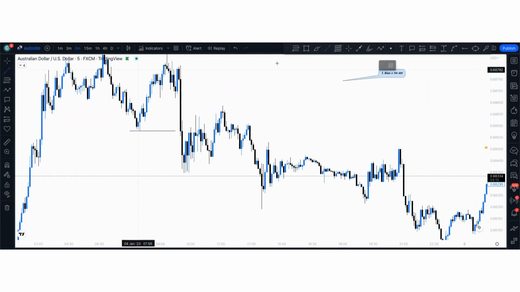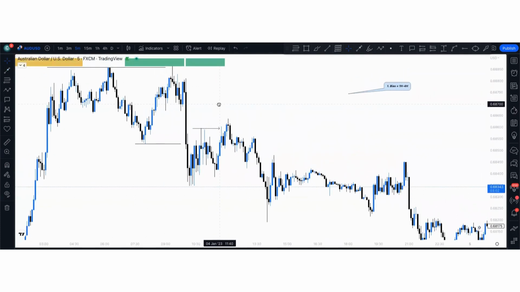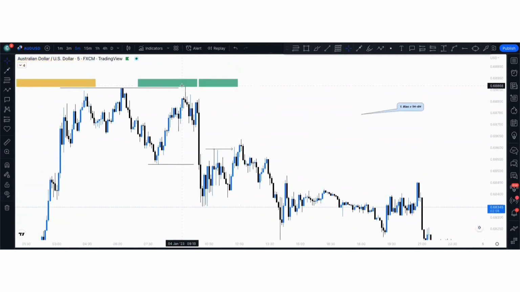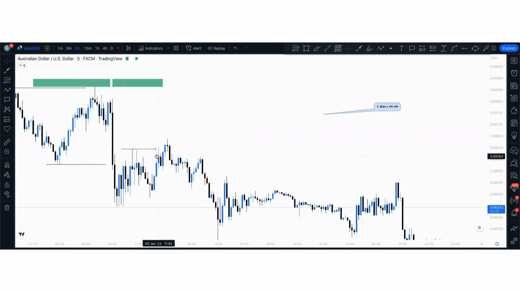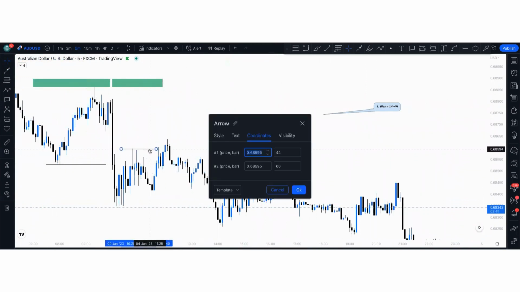But as you can see, it's not strong enough to break. For me, if it's bullish, it needs to break this high above on this one or on this one, right? So for me, this is just a pullback.